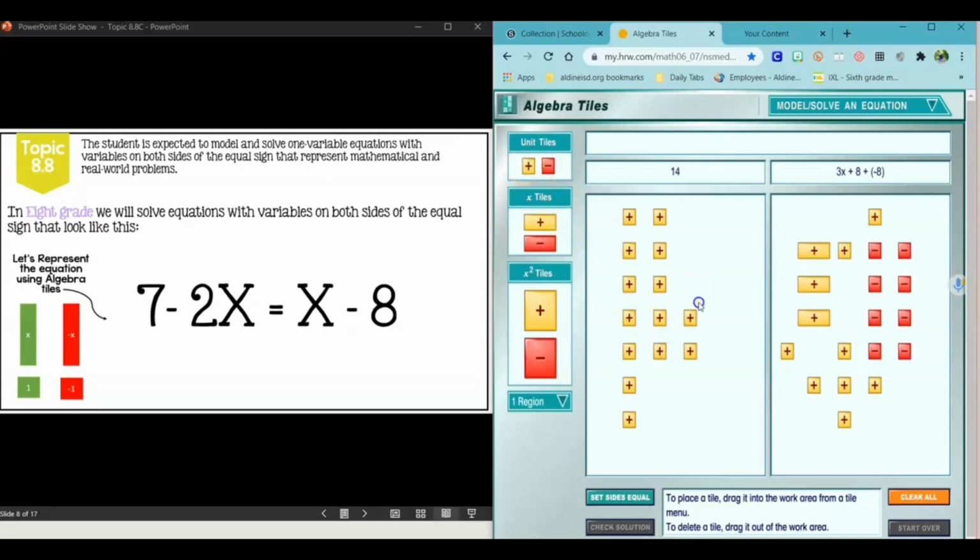So I should get, okay. And now I'm going to create my 0 pairs. So again, you just drag and hover over and they just disappear like zeros. All right.